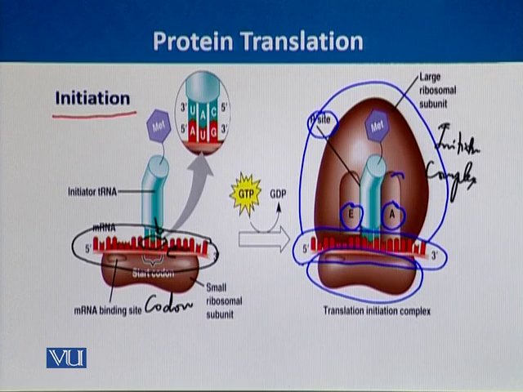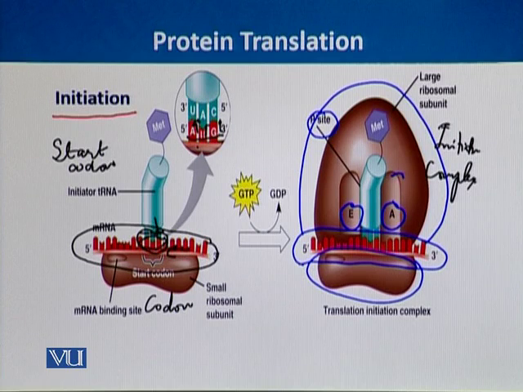Generally, the first codon recognized on messenger RNA is called the start codon, and the sequence of the start codon is written here. We can see here AUG on messenger RNA, and the complementary sequence on one side of transfer RNA will be complementary to AUG, meaning A will bind with U, U will bind with A, and G will bind with C. So it is complementary and it binds here.